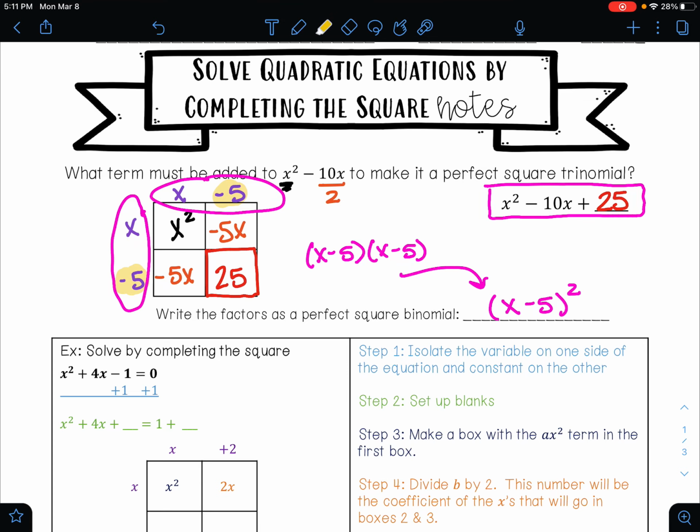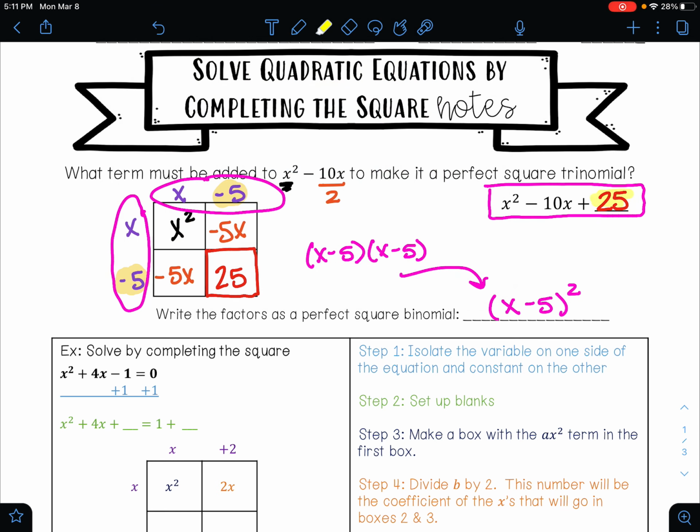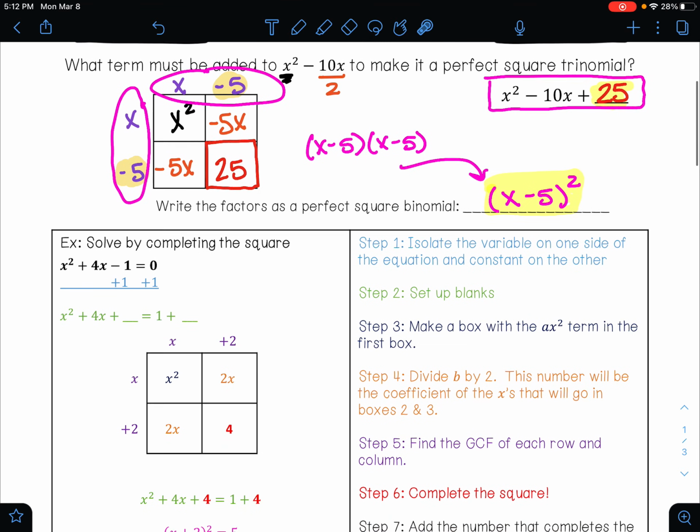So the number that completes the square is 25, and then the perfect square binomial is x minus 5 squared. We are going to be using this process to solve quadratic equations, and you can see an example of that down here.